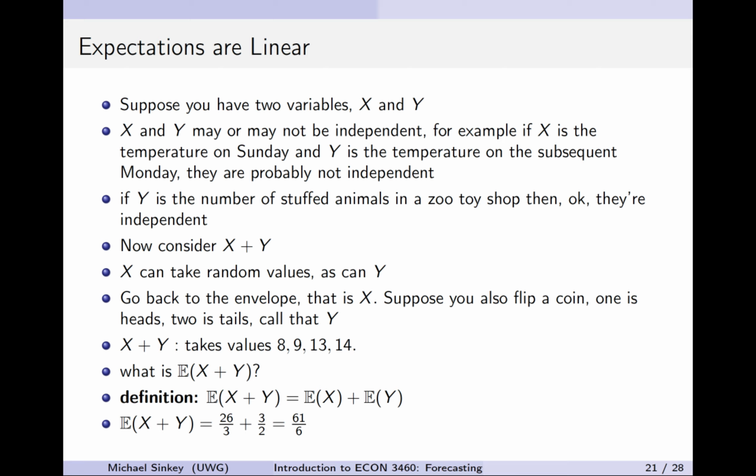We have a couple of ways of going about doing this. We could construct a probability tree where 2/3 of the time we get a 7 multiplied by 1/2 of the time we get a 1. And so 1/3 of the time we get 8, 1/3 of the time we get 9, 1/6 of the time we get 13, 1/6 of the time we get 14.